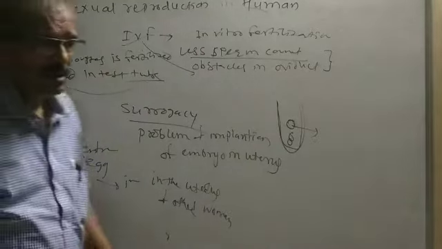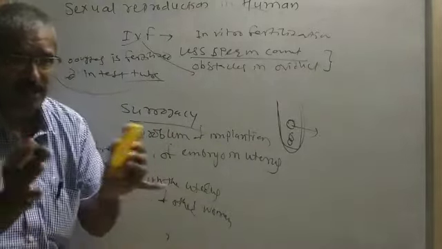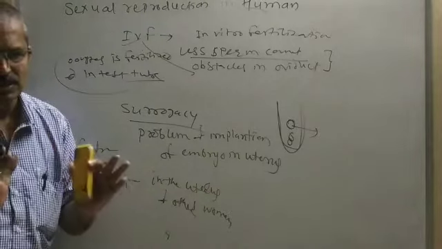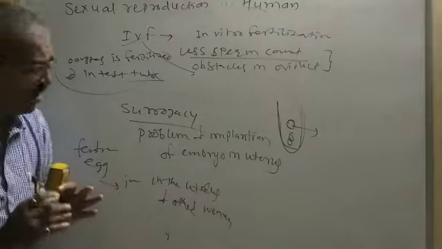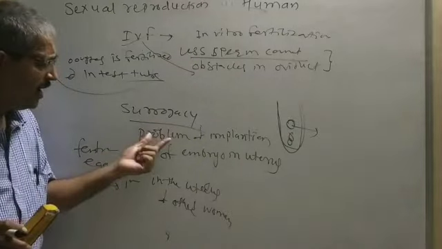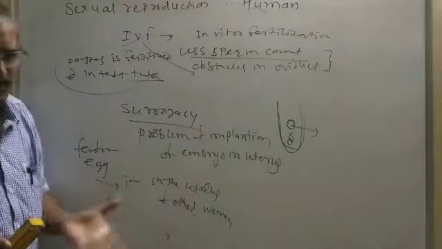In short, someone's uterus is taken on rent. And in which condition? When the woman has a problem implanting the embryo.